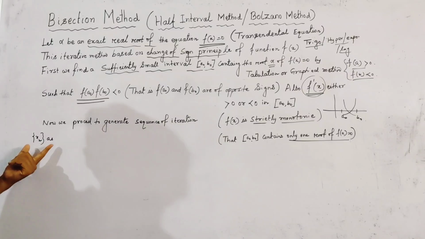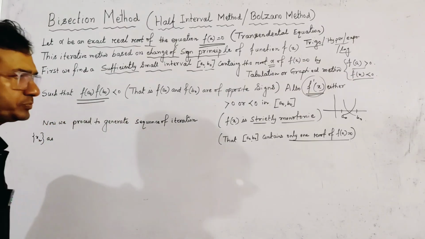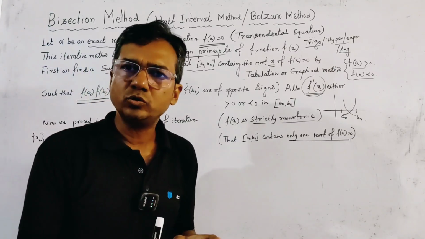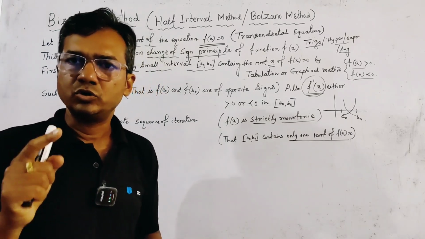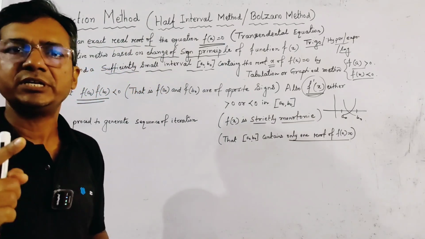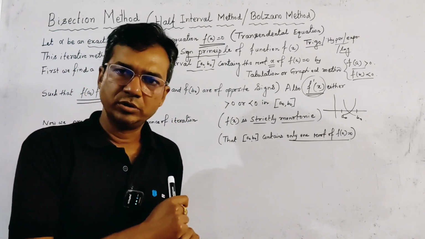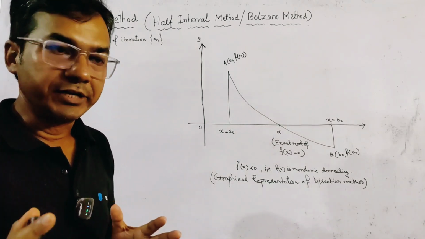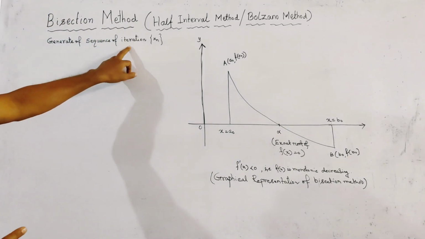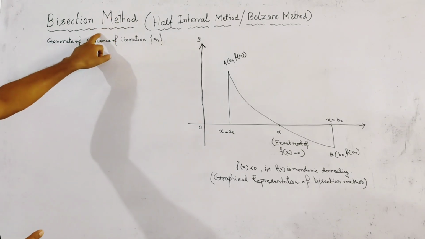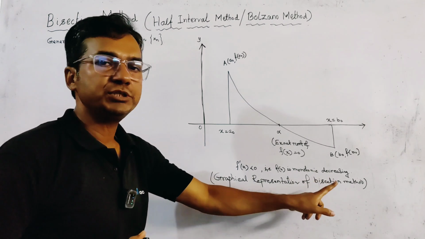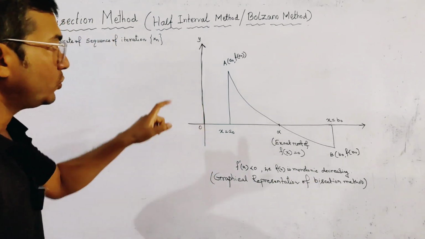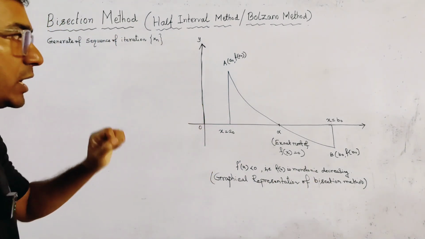We take x_n as the sequence of iterations. Before generating the sequence of iterations for the bisection method, we first draw the graphical representation, so we generate the sequence x_n together with the geometrical representation of this method.